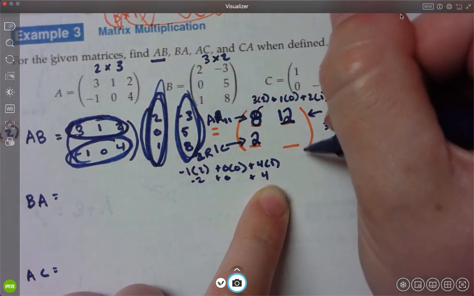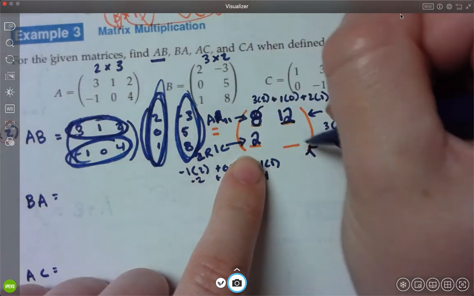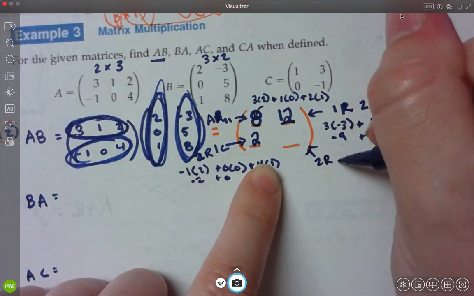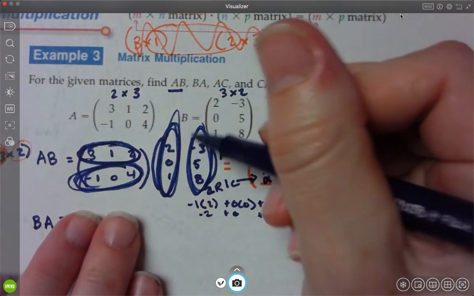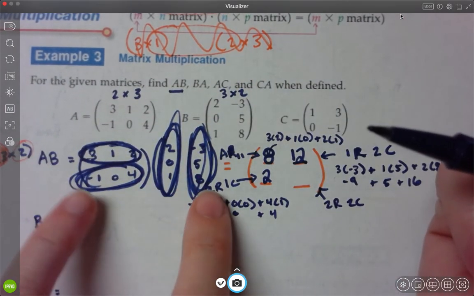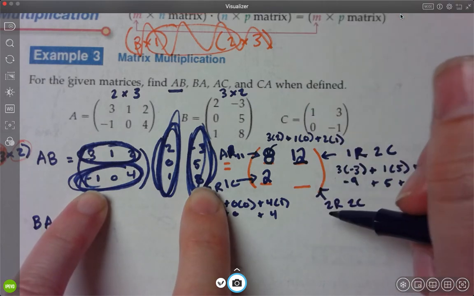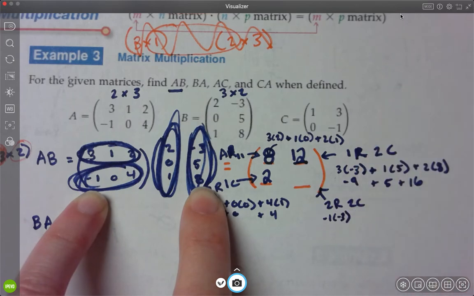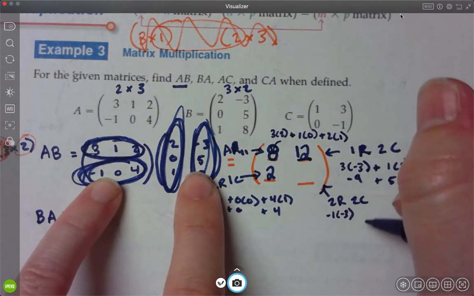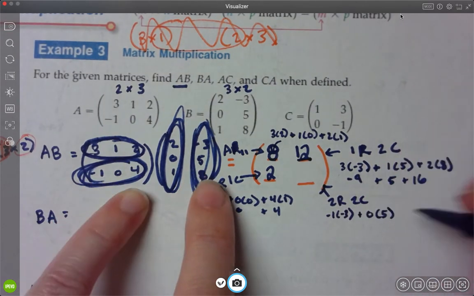The last one in this matrix is in the second row, second column. So I take my second row times my second column, and these are multiplied together. So I take negative 1 times negative 3, 0 times 5, and 4 times 8.